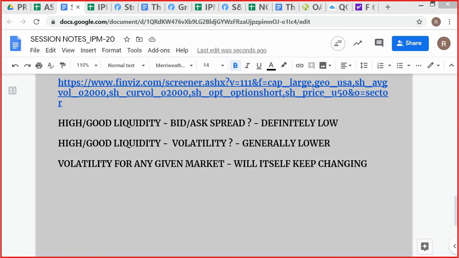There are many ways to measure volatility. Let's look at a historical volatility calculation.